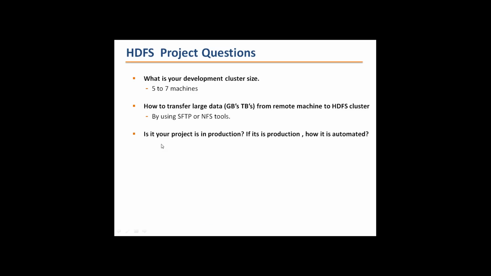The answer is yes, it is in production. It is running for 8 months, and we have used Oozie for scheduling, on a daily basis or weekly basis. That is how we can describe automation in production.